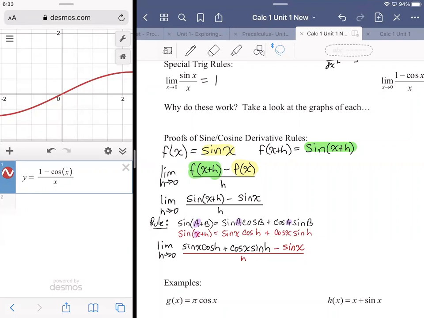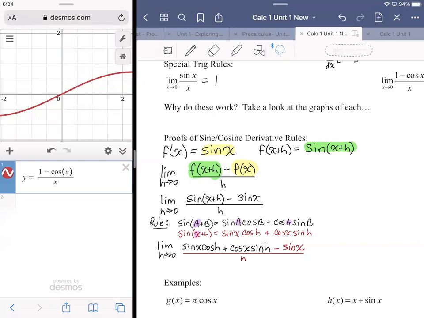So if you had a multivariable expression like sine of x plus y, and you wanted to solve it for y, you would need to somehow break it up so that the x and the y are no longer part of the same trig function. So this would be one way to do that.